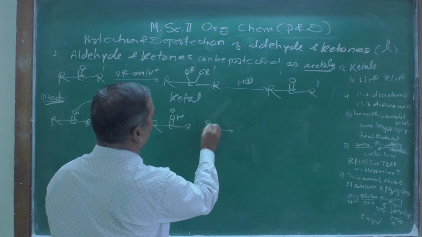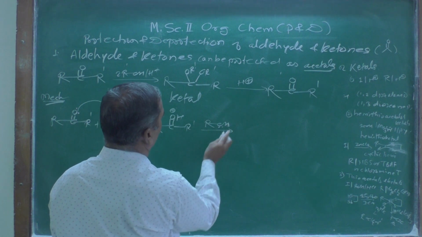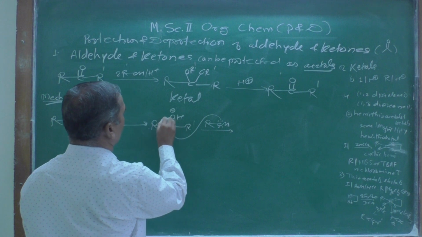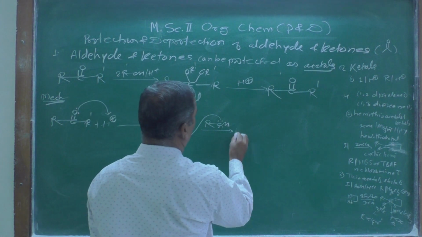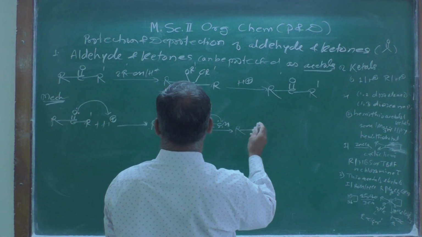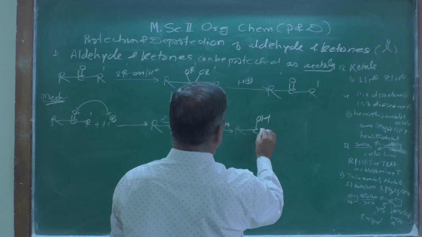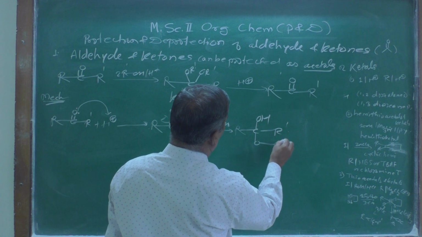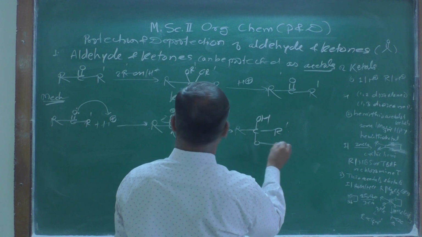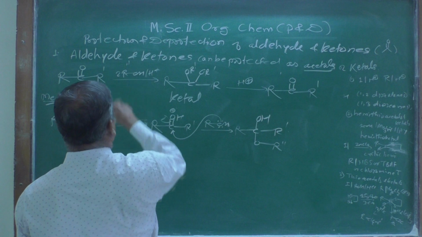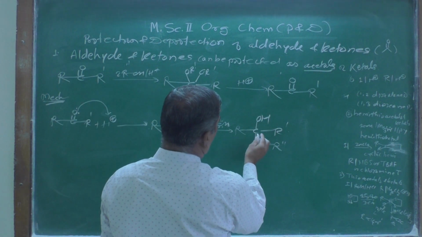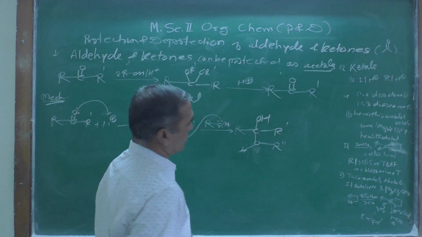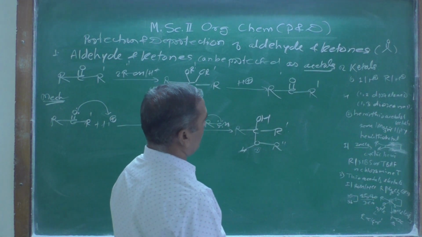Now the molecule of that alcohol is going to attack on that carbonyl group, and you are going to get here R, then C O H R dash, and then O R double dash, so that here H, positive charge comes on that oxygen atom.